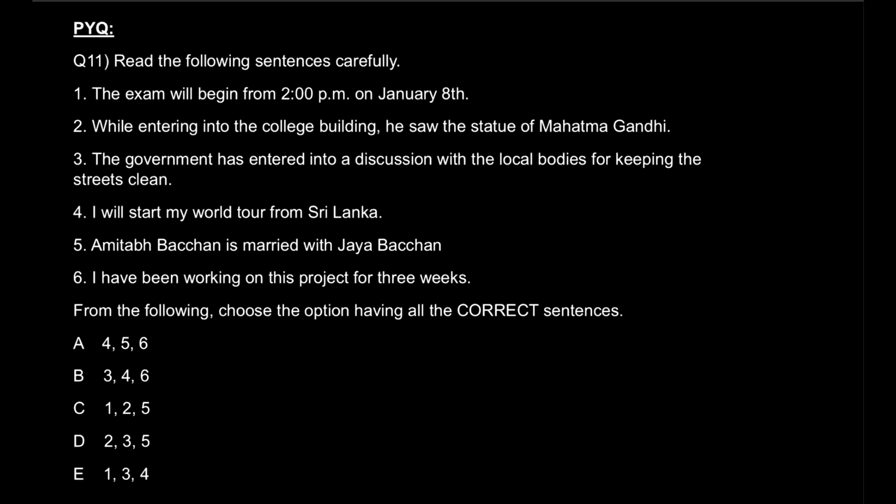Let's be intelligent here. We have to find out the correct sentences. Look at all the 6 sentences that are really small, anything that seems easy to you. For example, the very first thing which struck my eyes was "married with", and I very easily know that it is not married with, it is married to someone. Okay, so as soon as I found this incorrect, I know I have to find the correct statements, so my option should not have a 5 in it.